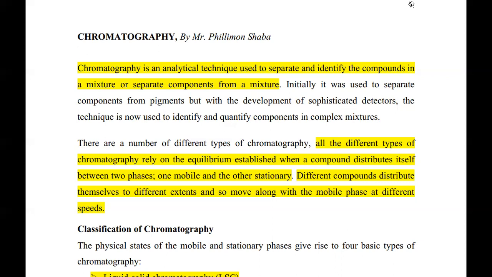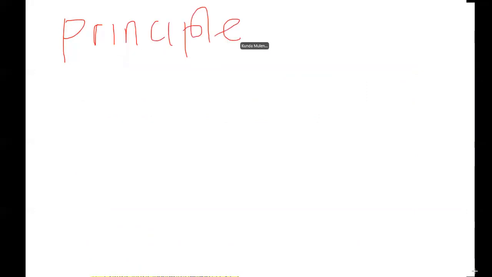Now, with chromatography, there are quite a lot of things that we need to know. Among them, we need to know what chromatography is all about. We need to know the principle. We need to know the types.